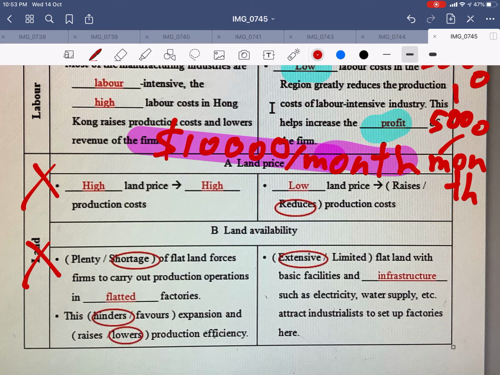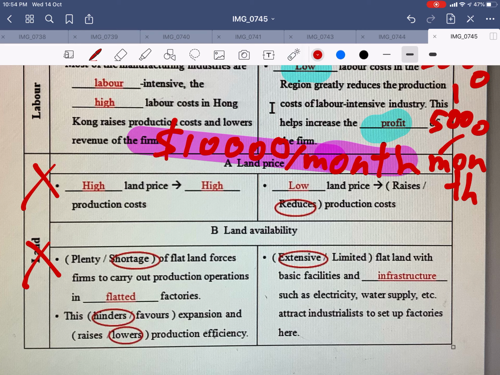We are already very compact in Tuen Wan. And also we have a lot of industrial factories. But can those industrial factories have further room for expansion? I don't think so. So this is also the problem of land availability.